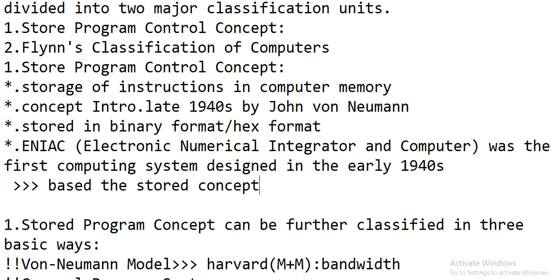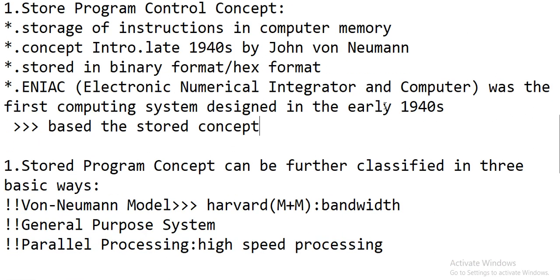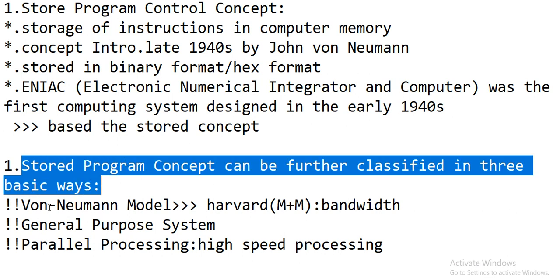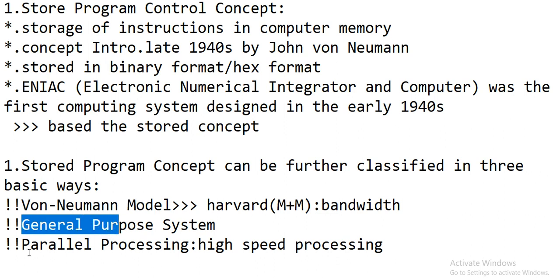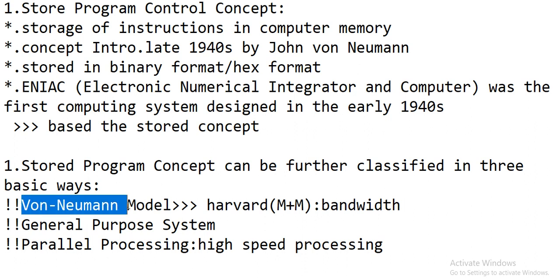As per this, the stored program concept can be further divided into three basic parts: first is the von Neumann model, then the general purpose system, and parallel processing. Now we are looking at the von Neumann model. In this architecture, program and data are stored in the same memory.